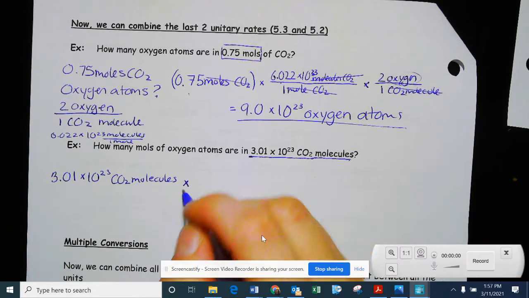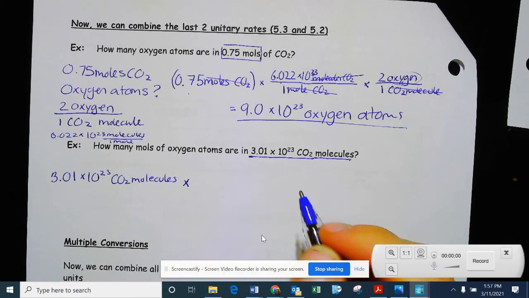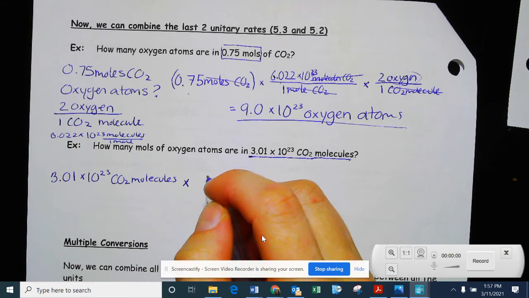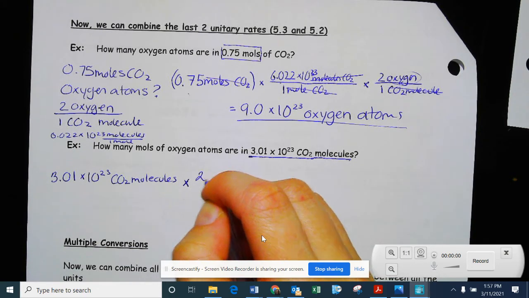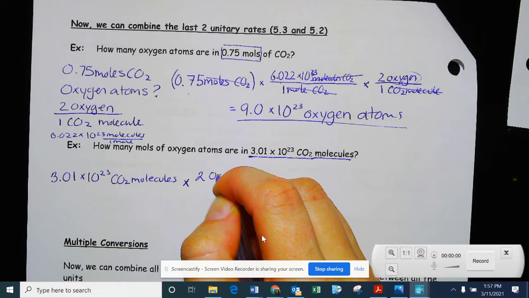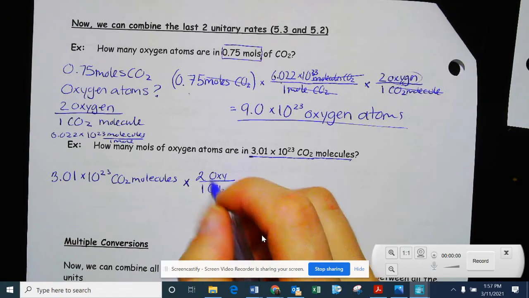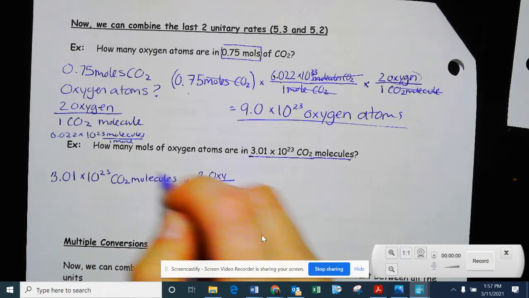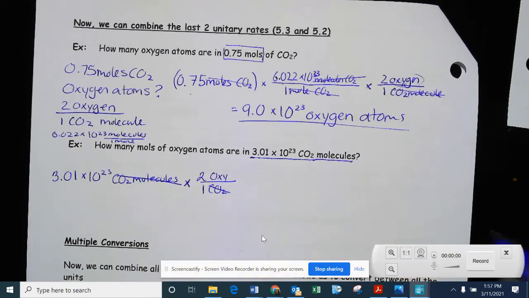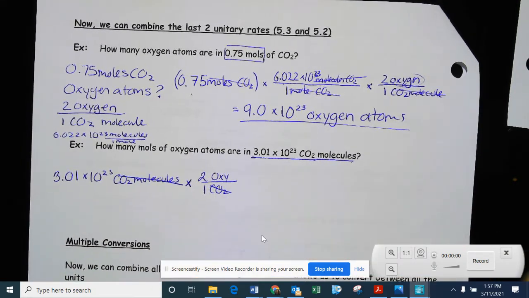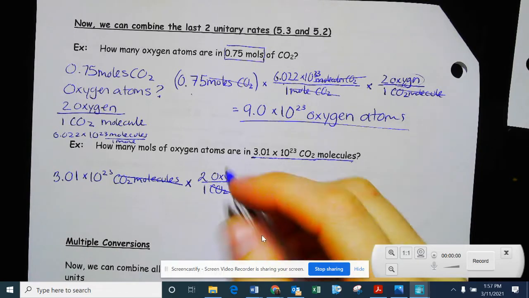Okay, so how many oxygens in every one CO2? Yep, 2 oxygens in every one CO2. So that is going to cancel out my CO2 molecules and give me how many oxygens I have. So then I've got the number of atoms of oxygen.